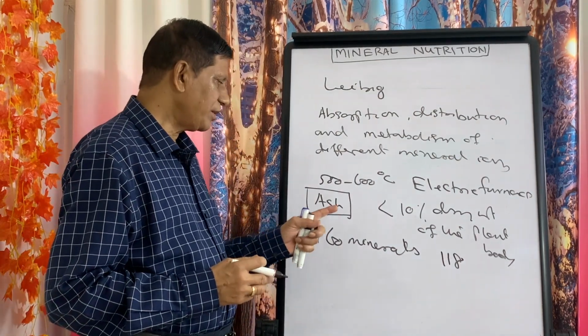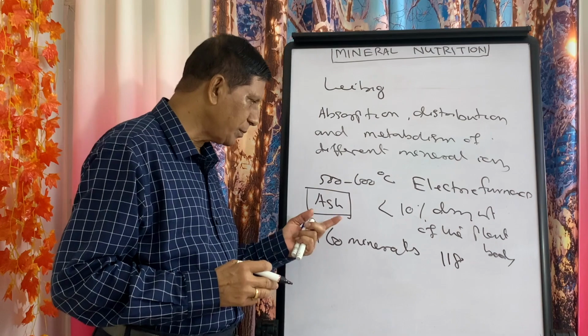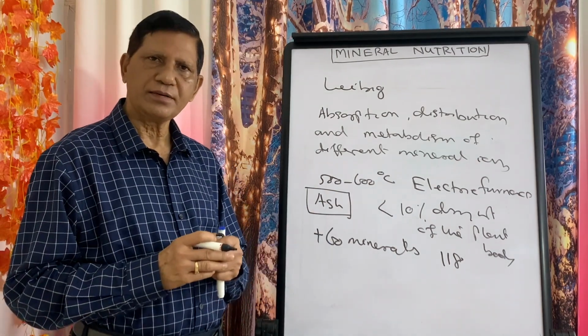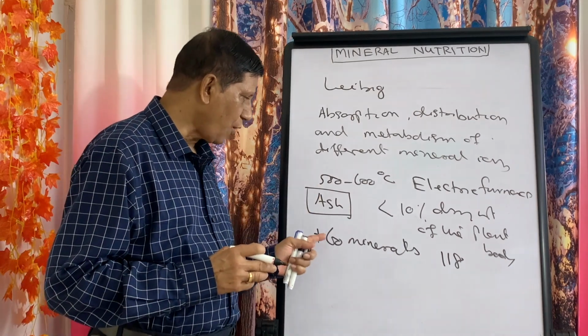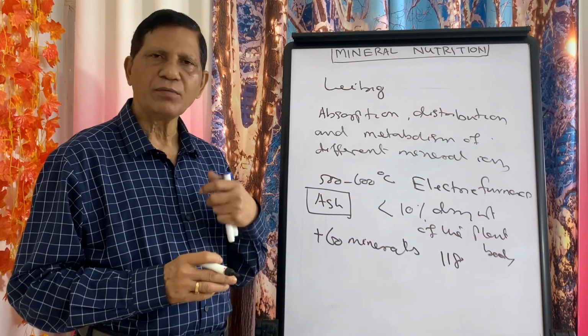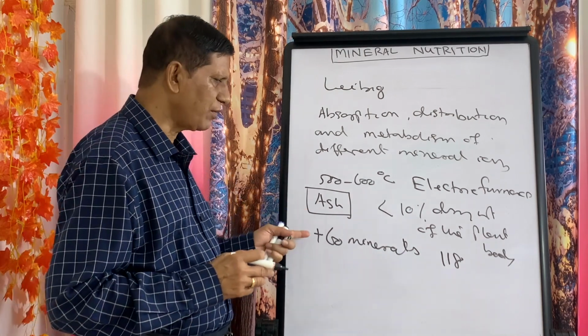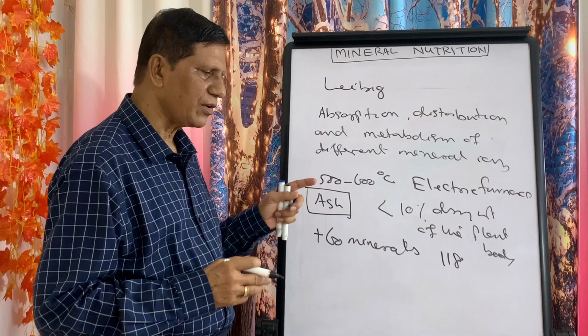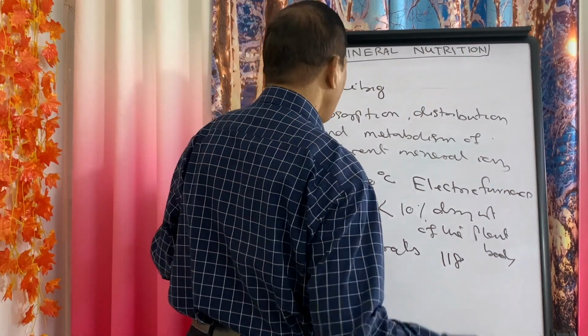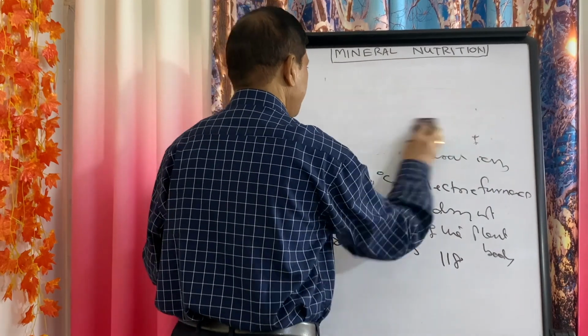That means almost 50% of the mineral ions are present in plants. But whether all these minerals are required by the plant or not, again when it was analyzed, it was found that actually all these are not required. That means some of them are essential while some of them are non-essential.